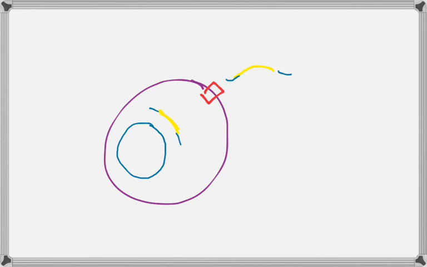Usually the way that we draw that is just to draw X's where these homologous recombinations are going to occur. DNA from the current genome comes out, new piece of DNA goes in.